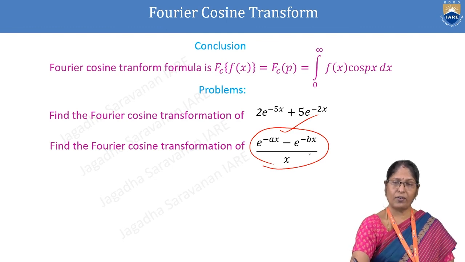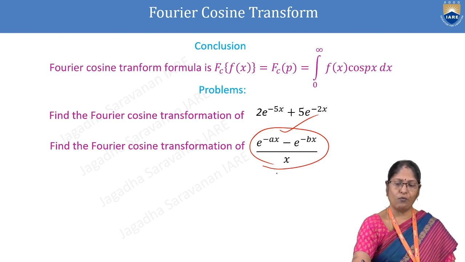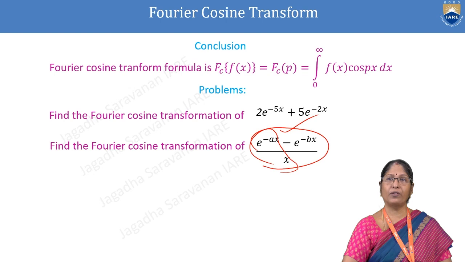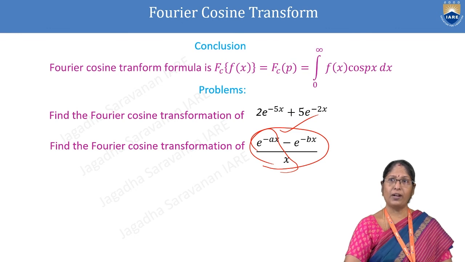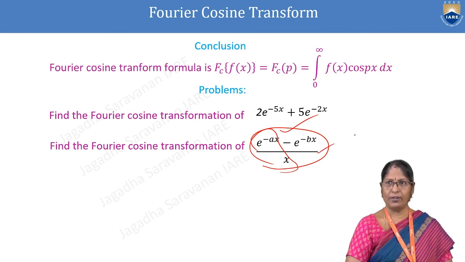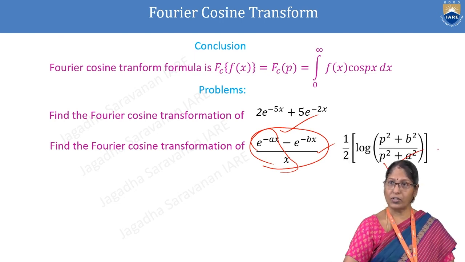We didn't do the Fourier transform 2 times, only 1 time we did. From the 1 time applying the Fourier cosine transform, we did the analysis. Similarly, we have done it for the other part of the function, and we got this result also.